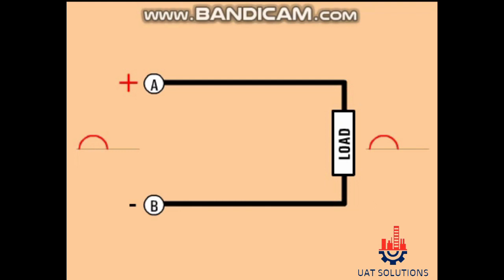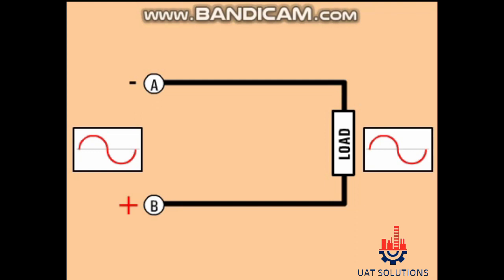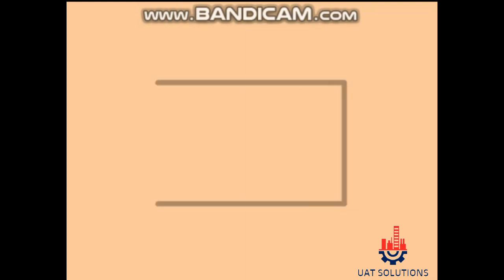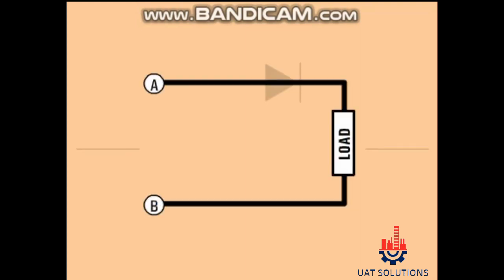During the negative alternation or second half cycle of the AC sine wave, A is negative and B is positive, allowing the negative alternation of the AC sine wave to pass through the circuit. As you can see, applying an AC sine wave to the simple load circuit has no effect on the AC sine wave. Now let's see what happens when we place a diode in the same circuit.